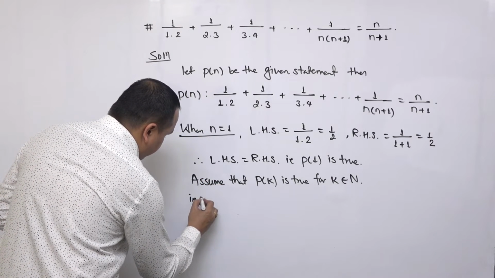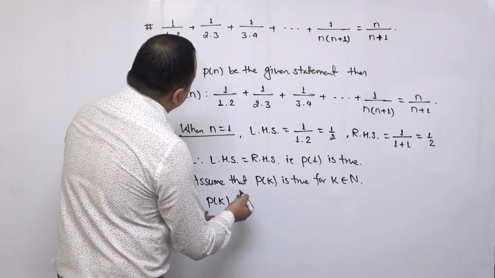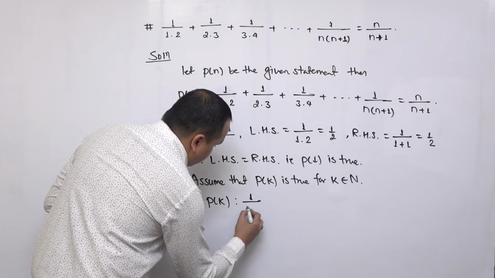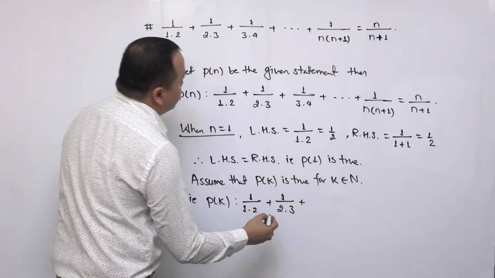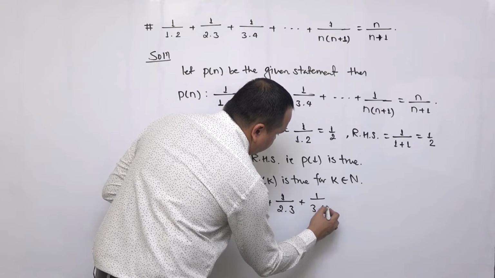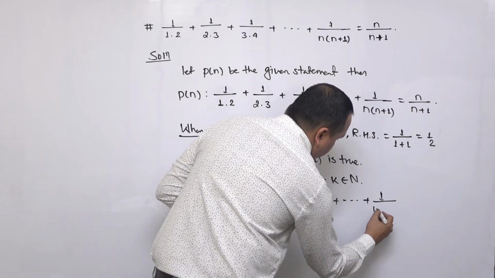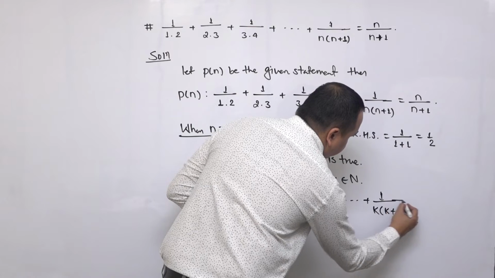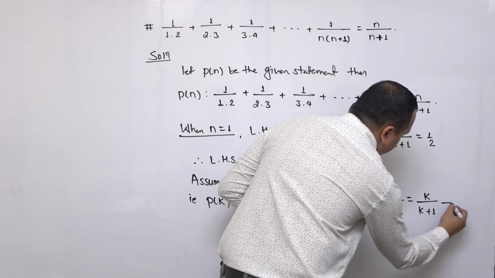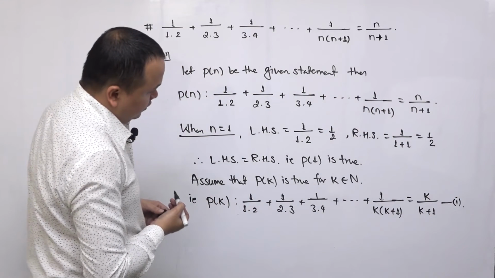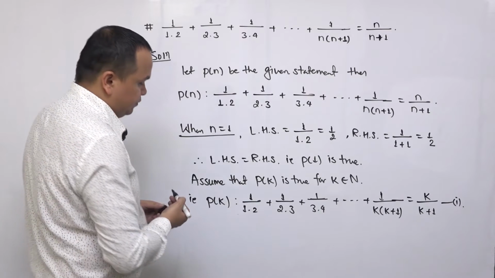That is, Pk: 1 upon 1 into 2 plus 1 upon 2 into 3 plus 1 upon 3 into 4 plus dot dot dot plus 1 upon k into k plus 1 is equal to k upon k plus 1, equation I. Now we shall show that Pk plus 1 is true whenever Pk is true.